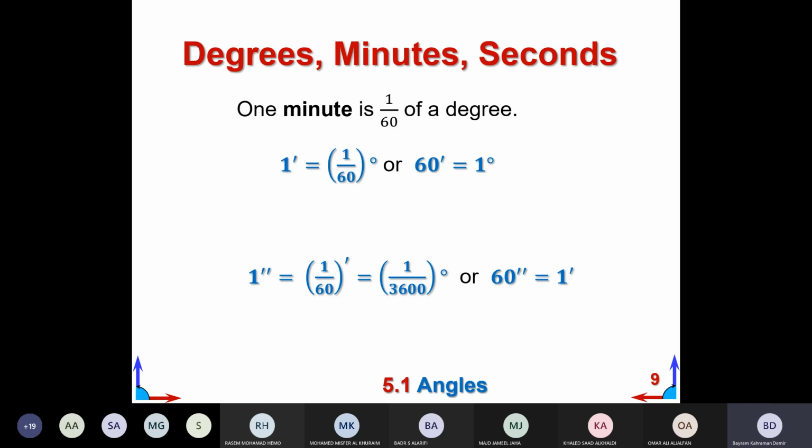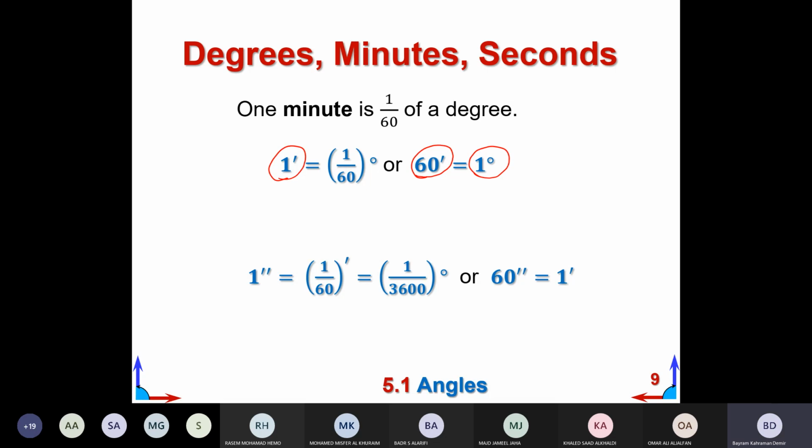So 60 minutes is the same as 1 degree, like 60 minutes is 1 hour in time. In angles it is the same thing. 60 minutes of angle is just 1 degree. And imagine how small 1 minute of angle is. 1 minute is equal to 1/60 degree, Shabab.